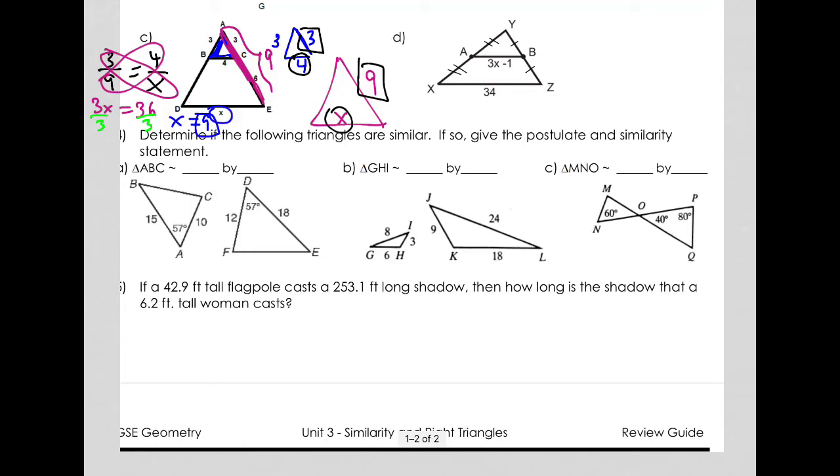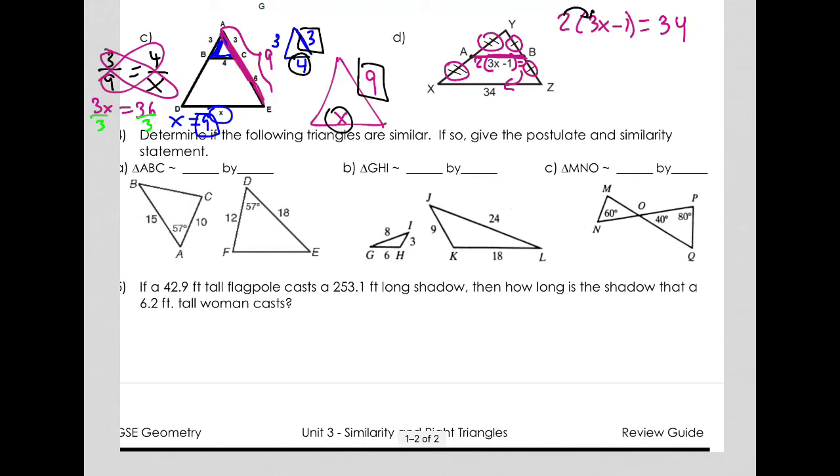Now for letter D, once again, we have a mid-segment, and I know that's a mid-segment because the sides are split into 2 congruent segments. So I know that 2 of these middle ones will equal what we have on the bottom there. So 2 times 3x minus 1 will equal 34. Now we just solve.